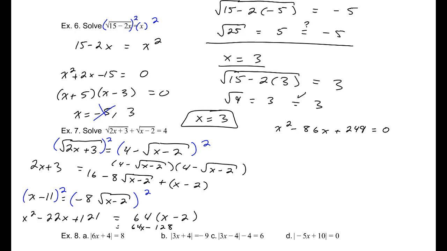This is quite a good deal more complicated. Now I don't immediately see that this is going to factor, so what I'm going to do is use the quadratic formula. Negative b plus or minus the square root of b squared minus 4ac.